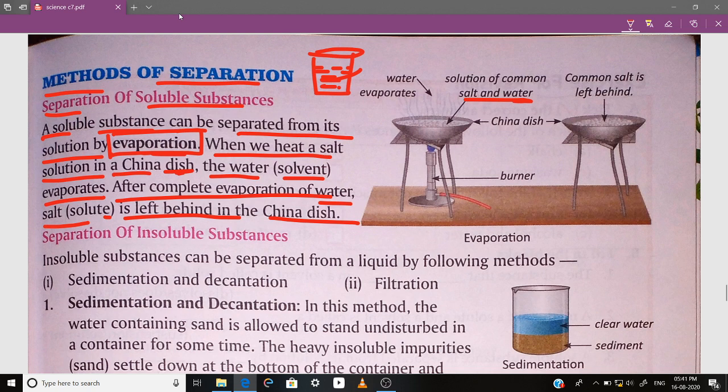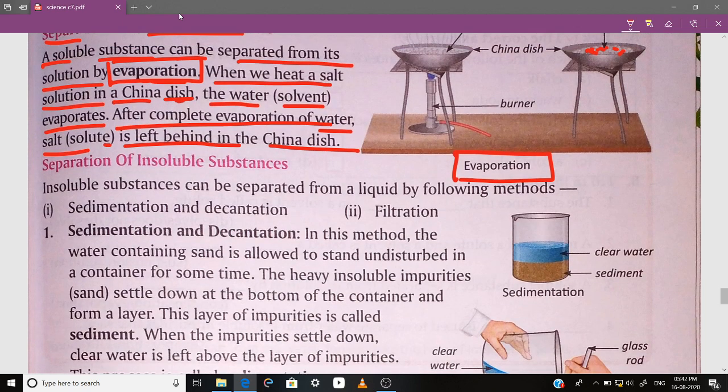The whole water changes into steam and goes into the atmosphere, and you are left with only salt in the china dish. So in this method you can separate soluble substances, and this method is called evaporation. Evaporation is a process by which we can separate dissolved or soluble substances.